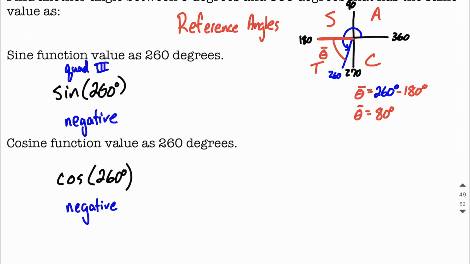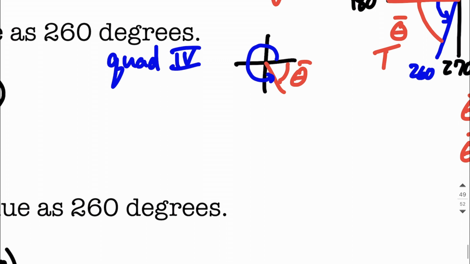We need to find a value in quadrant 4 using that reference angle. So to get that value in quadrant 4, we are going to use our reference angle to the x-axis and place theta bar in here. Because we want to calculate this angle that wraps all the way around into the fourth quadrant that has that exact same reference angle.